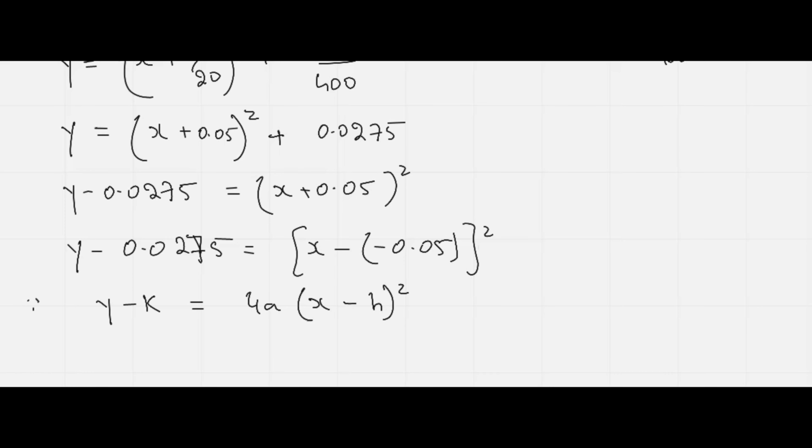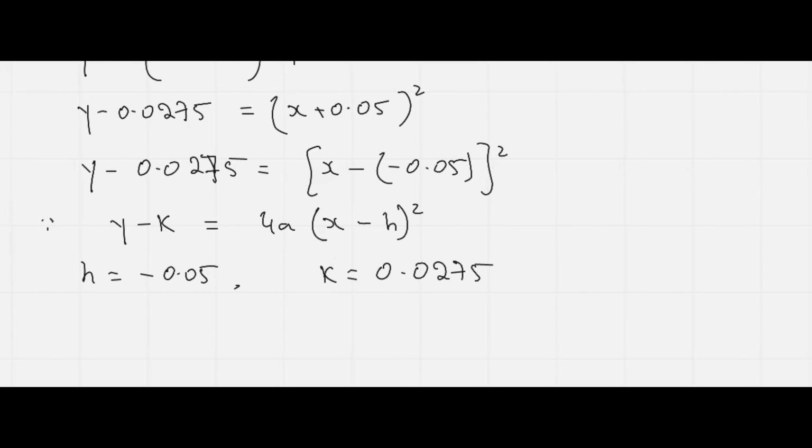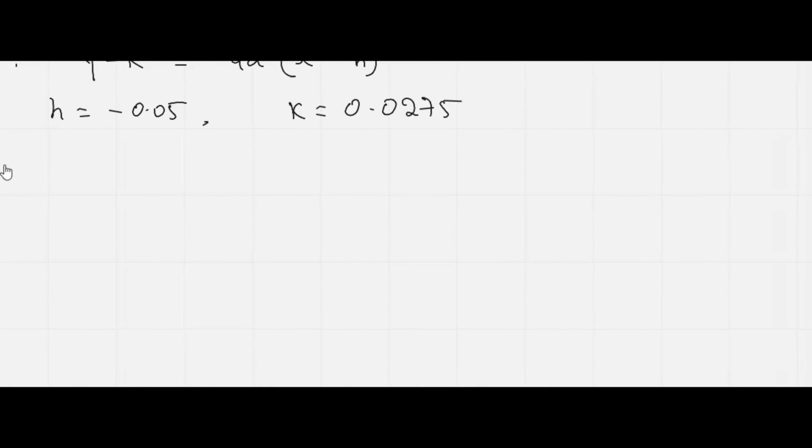So I come to know that my h is minus 0.05 and my k is positive 0.0275. This tells me that the vertex of the parabola is (minus 0.05, 0.0275).